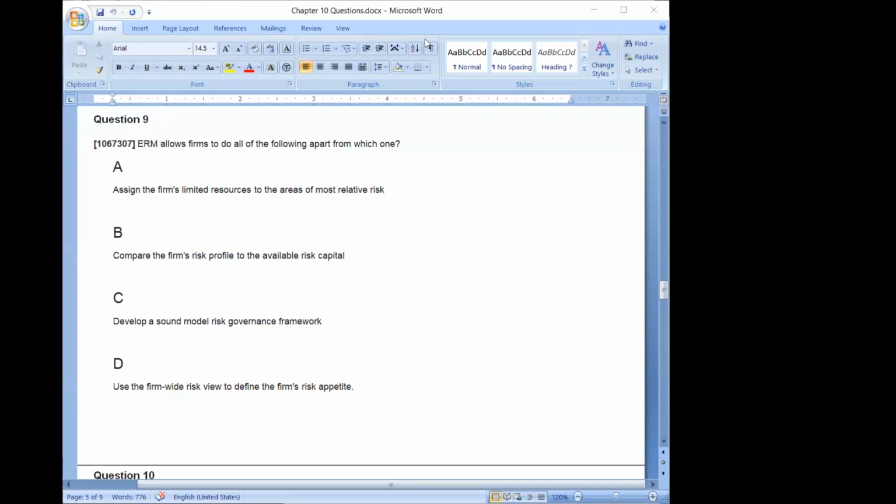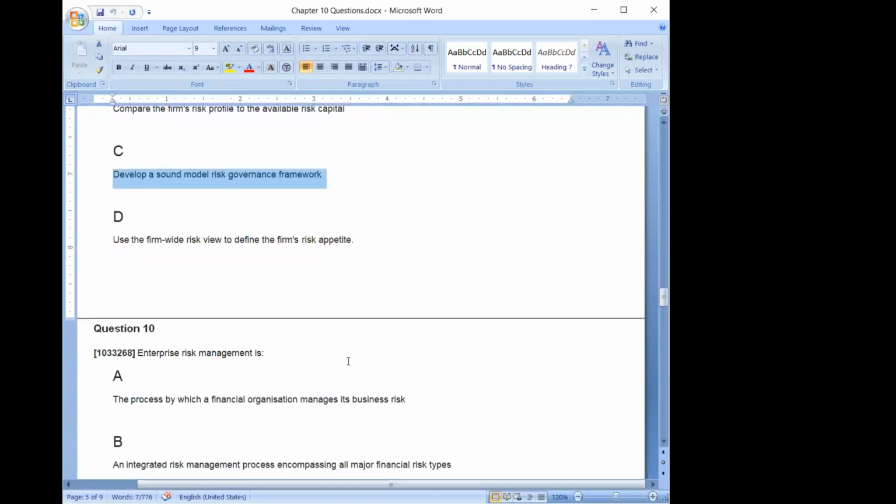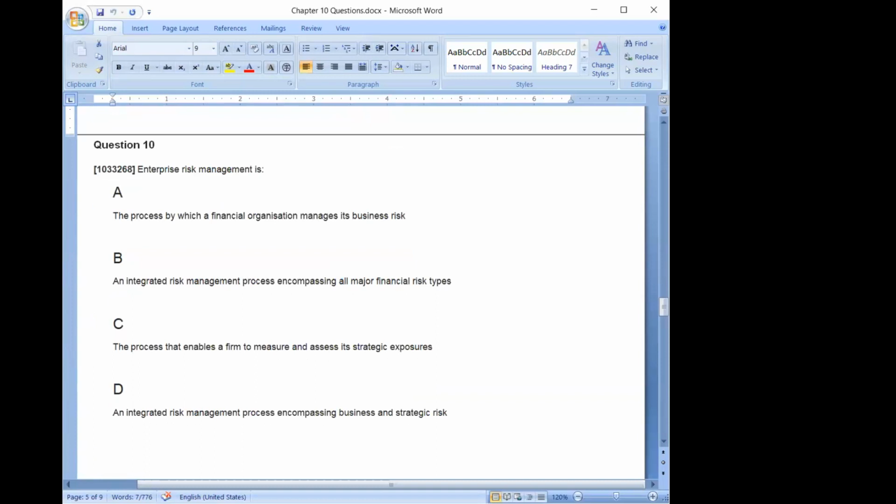Develop a sound model risk governance framework. Use a firm-wide risk view to define the firm's risk appetite. So it covers all of them, but C does not come under ERM. A model risk governance framework is related to model risk. So the correct answer is C. We'll do one more, 10.